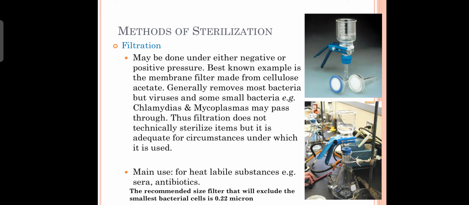Chlamydia and mycoplasma are very small in size. Filtration does not technically make an item sterile, but it is adequate for the circumstances under which it is used. The main use is for heat labile substances, for example serum and antibiotics. The recommended pore size that will exclude the smallest bacterial cell is 0.22 micron.